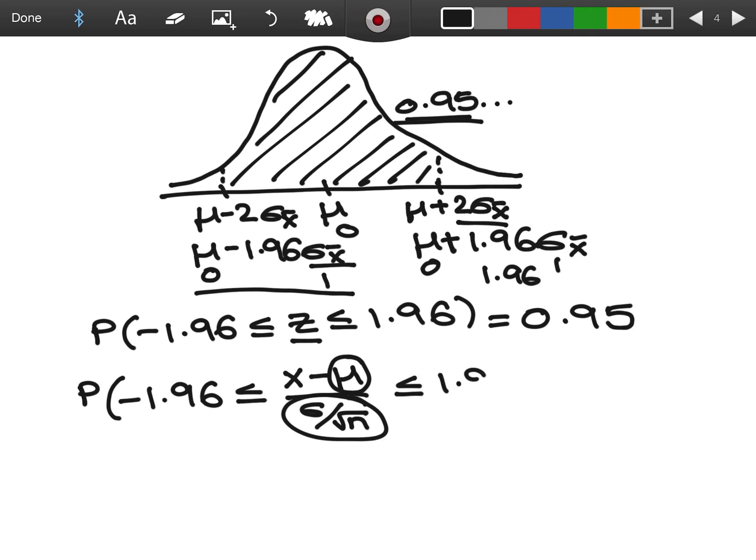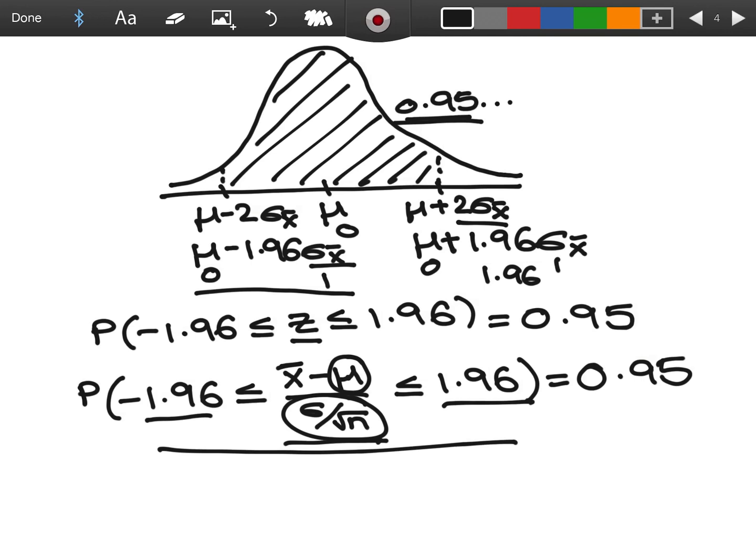So all I have done is replace x with the sample mean. So I've got the sample mean minus the population mean over sigma over the square root of n. I've just done our z transformation with the sample means.